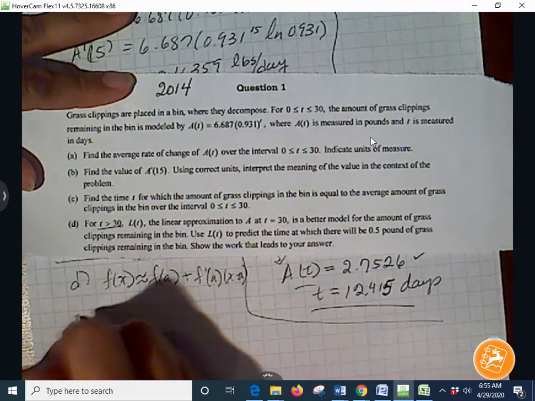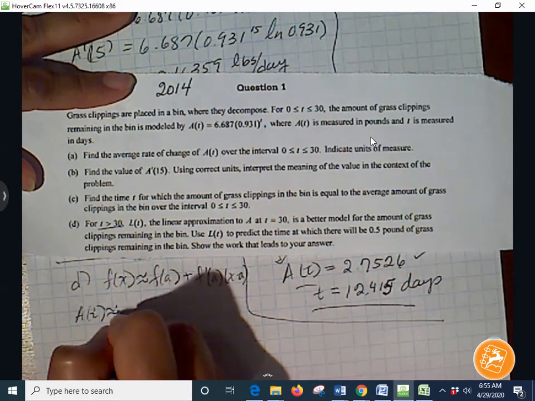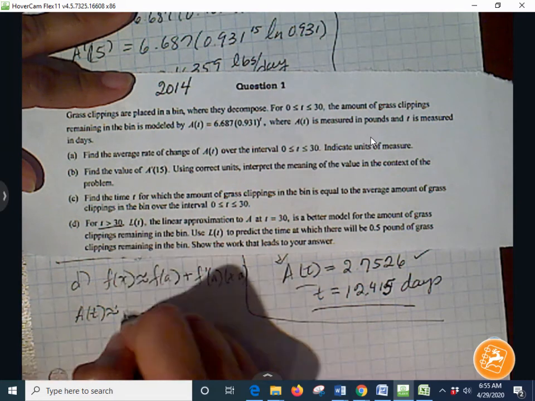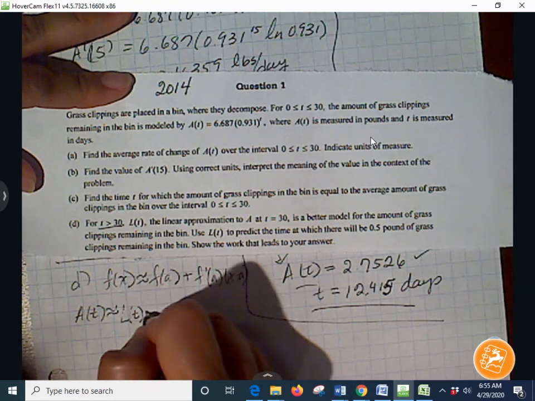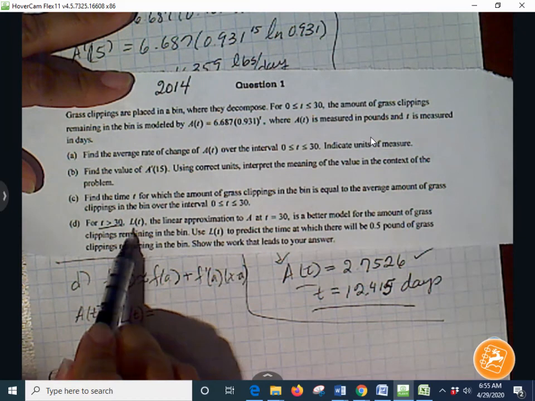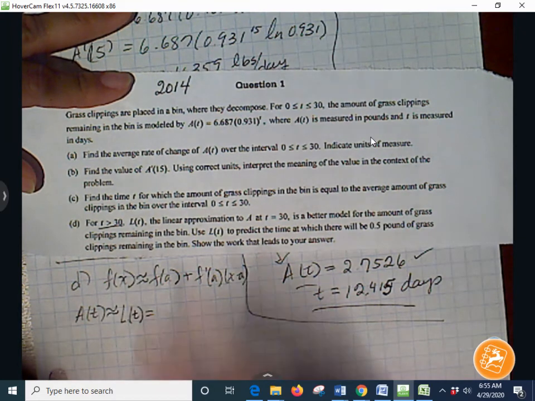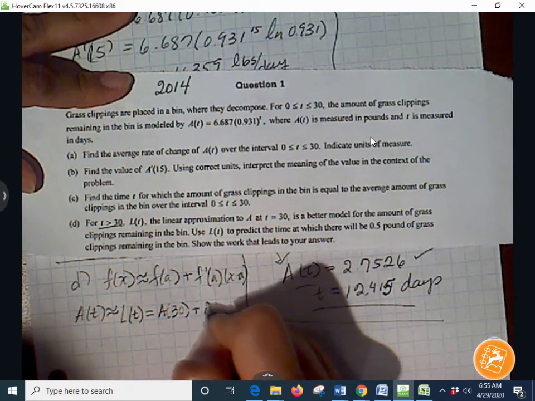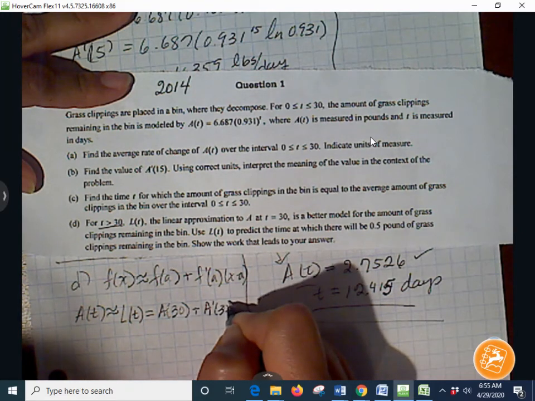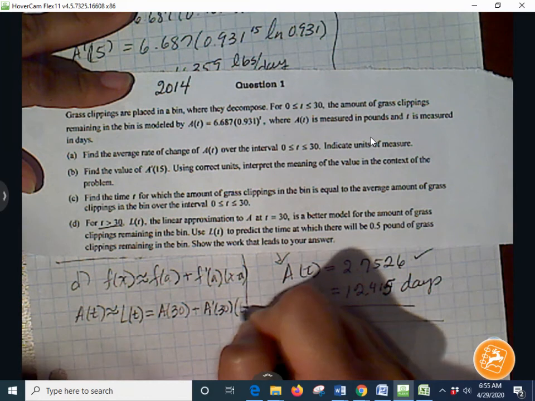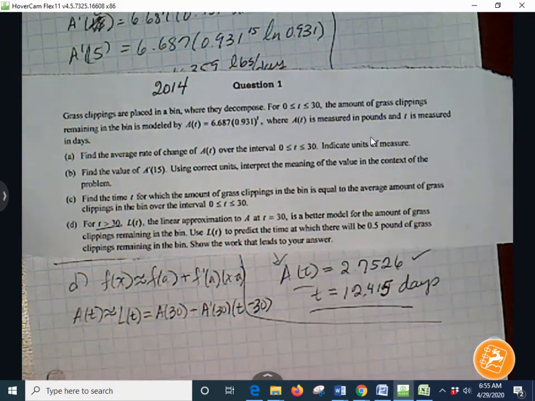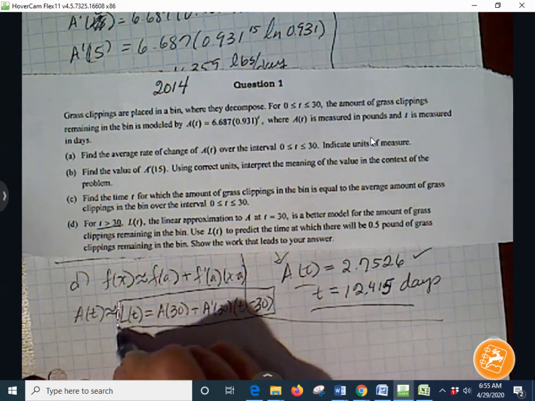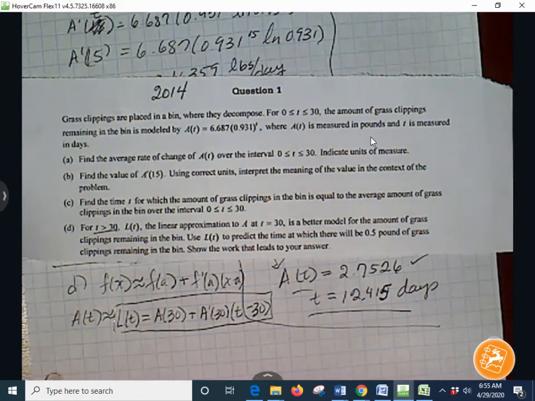A of t is approximately L of t, which is equal to A of 30 plus A prime of 30 times t minus 30. That is our linear approximation formula. Now we want to find out what that is.